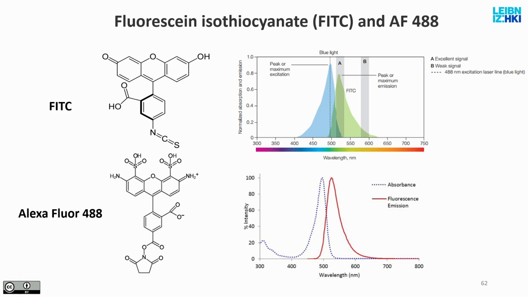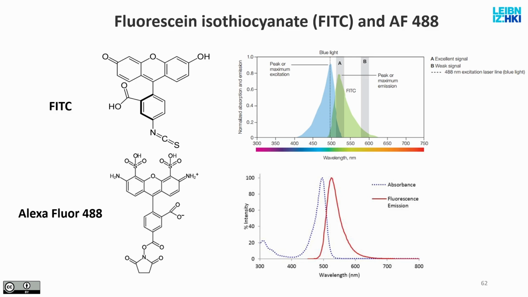Most likely, you will get 520 nanometer photons, but you will also get 510, 530, 540, 550, all the way to 600. So when you detect your fluorescence photons from FITC, you will get signal from this approximately 100 nanometer range.